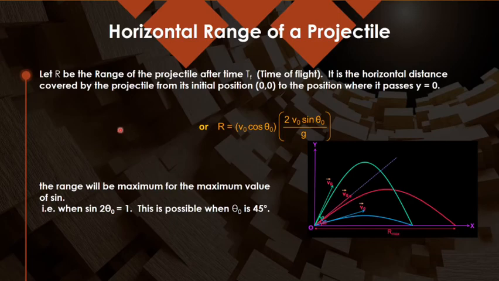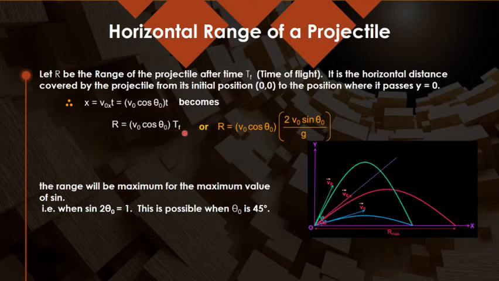This time we have to simply find the expression for the horizontal range. Horizontal range means in this direction the body is traveling for the time of flight, and the component of the velocity is ux naught, whose value is v naught cos theta naught along the x-axis. This is the velocity, and time is the total time of flight.